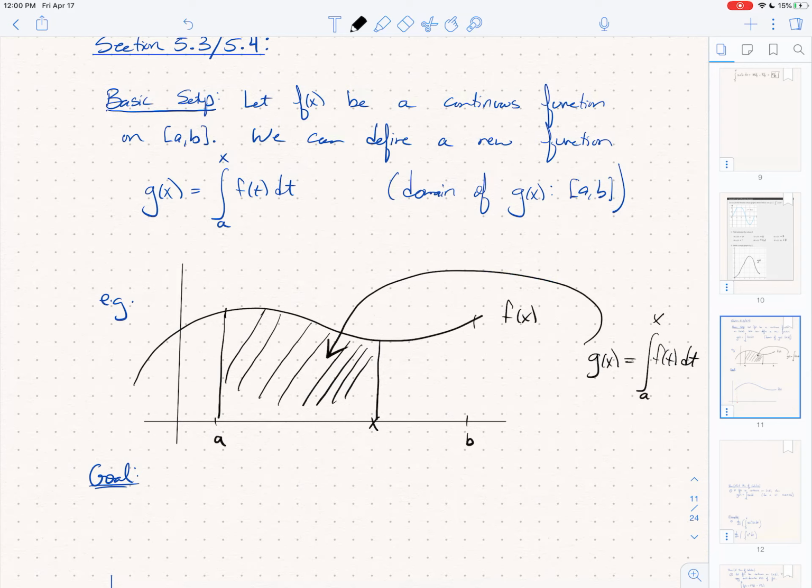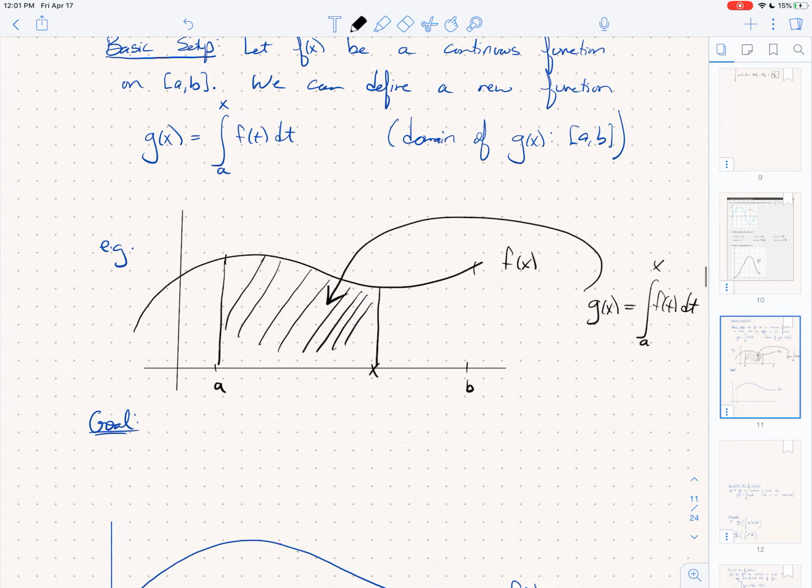So g of x corresponds to that area, just like what you guys did before. And again, when you're plugging in a specific x value, so this might be like x equals 5, so you would go from 0 to 5. This is all definite, and you can compute it hands-on.